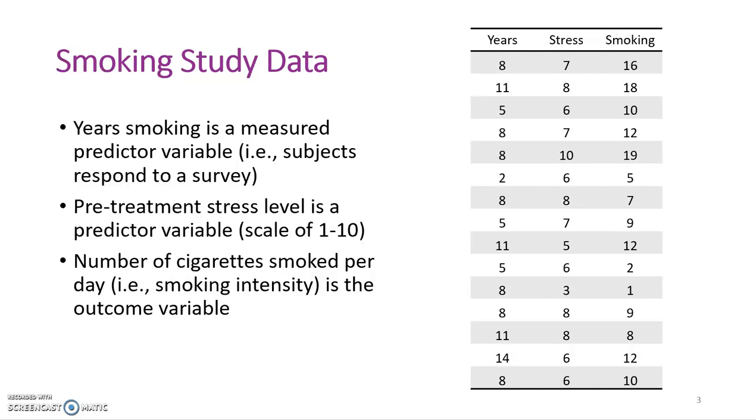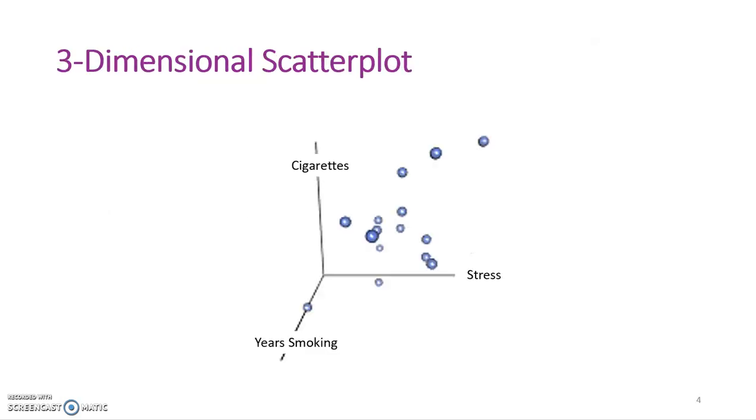So let's take a look at this data in visual form. This is what the three-dimensional scatter plot for this data would look like. We can see that the y-axis is number of cigarettes smoked, and then we have the x-axis extending in either direction for years of smoking and for stress.